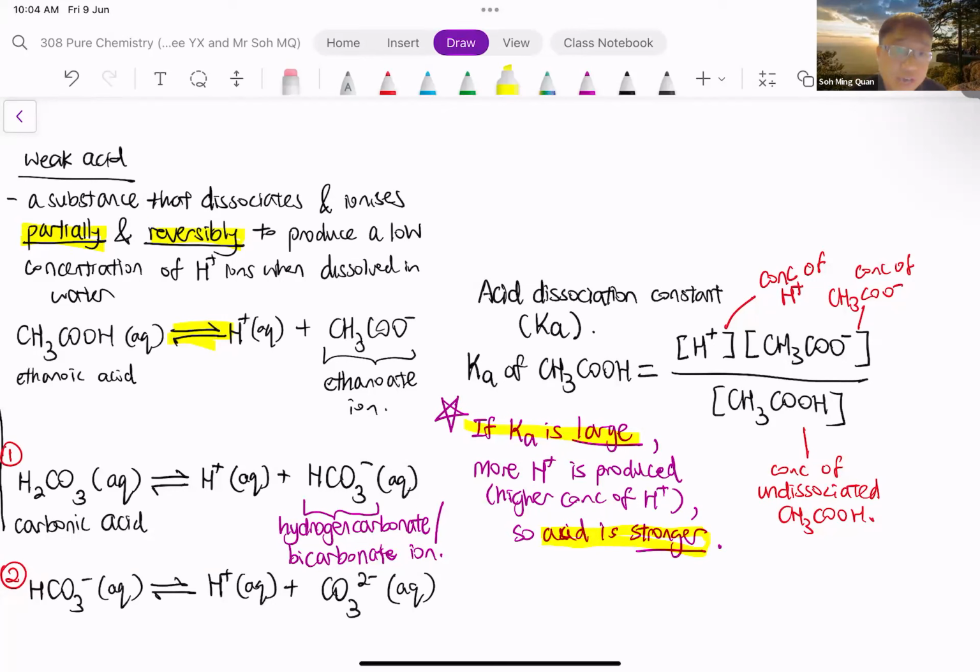The Ka is large if the numerator is large. The numerator contains H+ concentration. So if the Ka is large, this means that the acid must have dissociated more. And hence the acid is stronger. Okay?